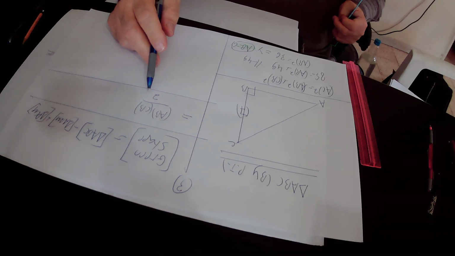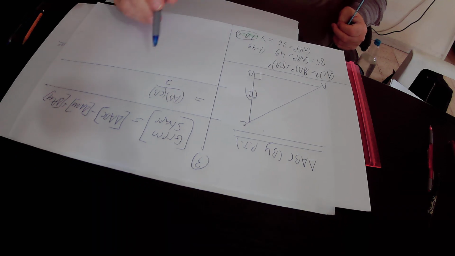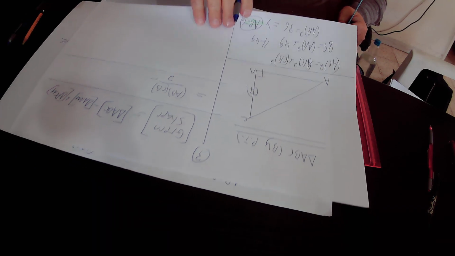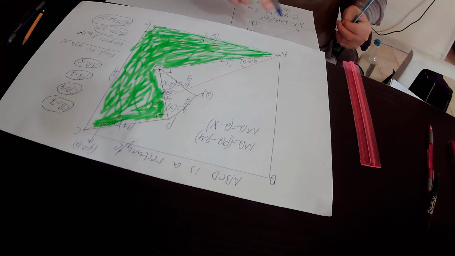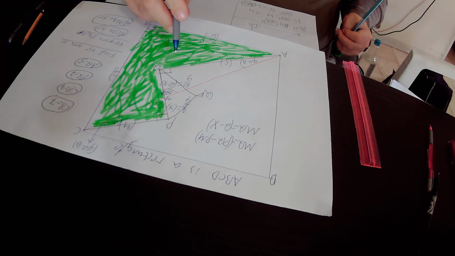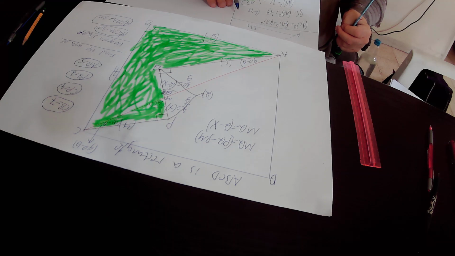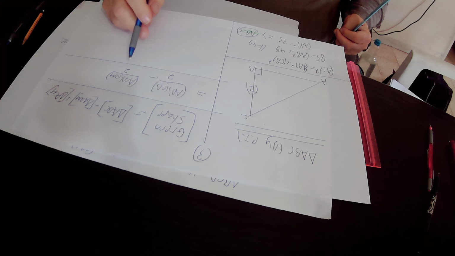The area of the white right triangle AQM equals the base AQ times the height to the base, that is QM, over 2. Repeat again, the area of this white right triangle AMQ equals the base AQ times the height QM over 2.